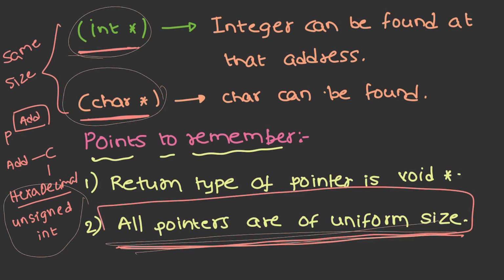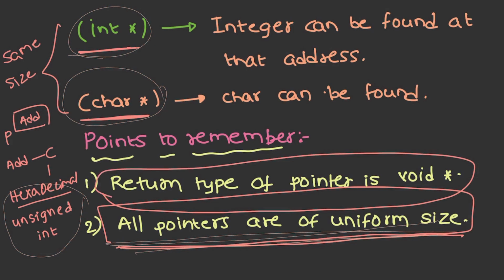Just try to keep a note of it, and you need to understand that the return type of any pointer is void pointer. That is because if you are storing an address inside a pointer, it doesn't know what this address is actually for. This address can point to an array, or to an integer, or to a character, and so on.